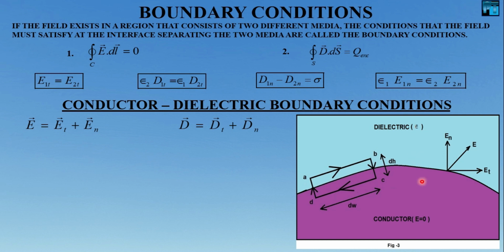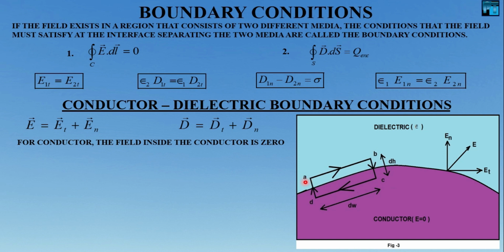That's why we used the one and two notations, but here there is no need of that notation. Now let's use this one equation first for this A, B, C, D, A path.